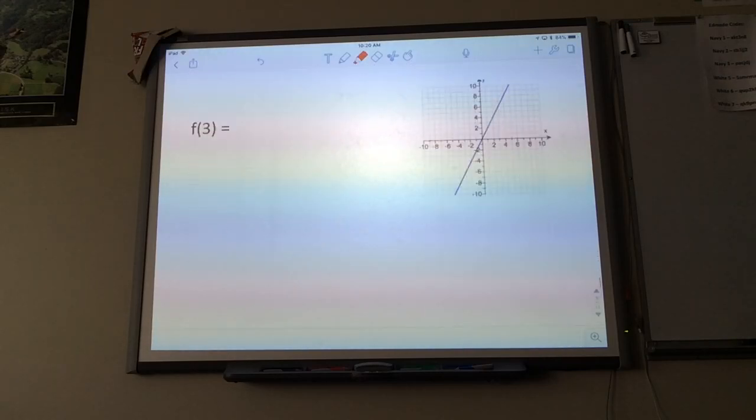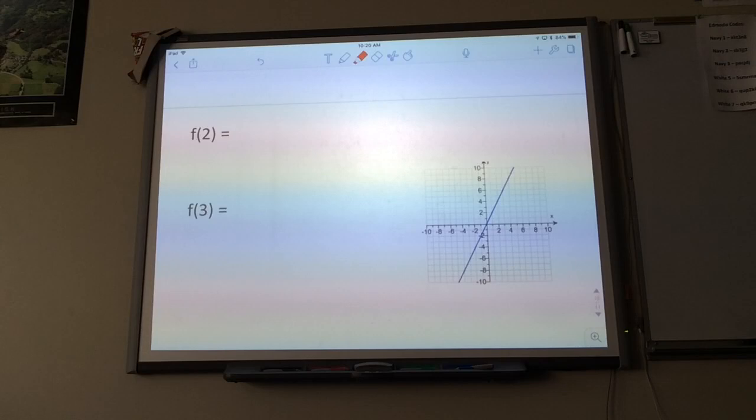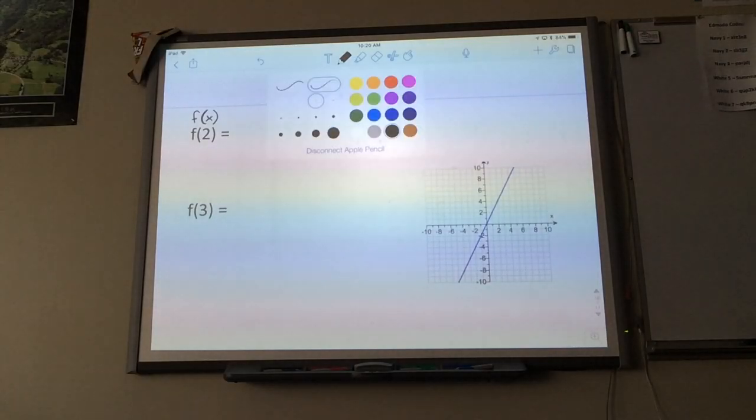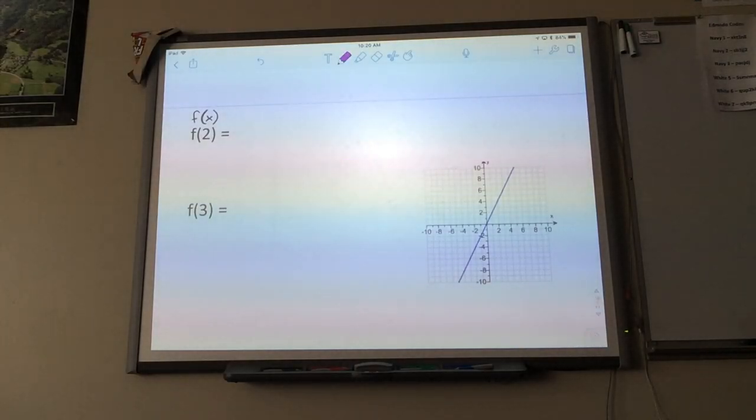We can do that same thing on a graph. If it says f of 2, remember f of 2, that was changed from f of x. So when x is 2, if we look up here, what is y when x is 2?